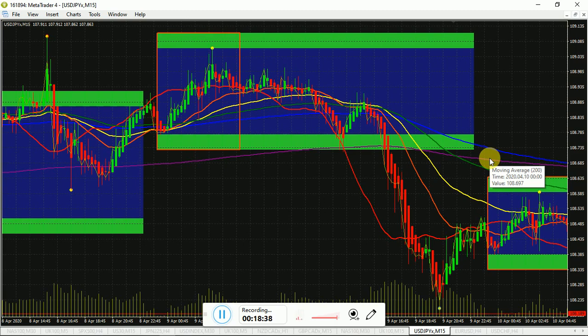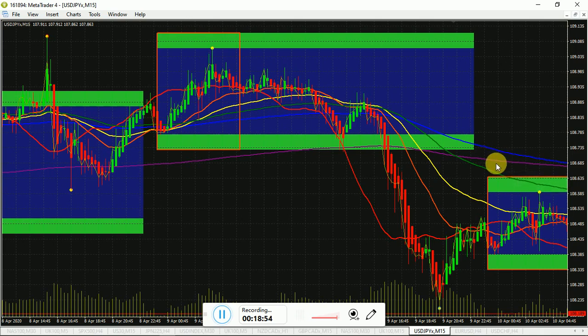Depending on which time frame you are at, it will always be representing your long-term trend, whether it's a 15 minute time frame or a 4 hour or 1 day.